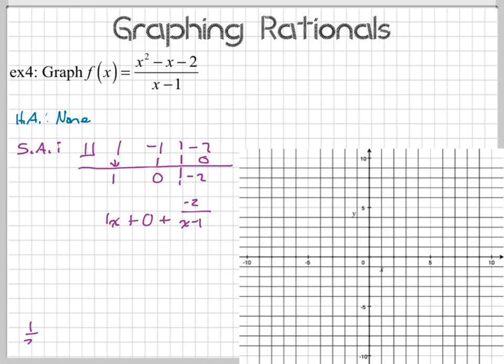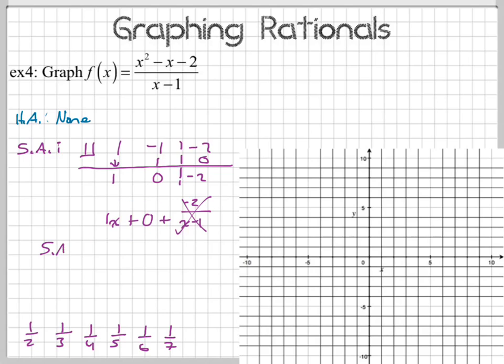Watch, like if I had 1 over 2, and then 1 over 3, and then 1 over 4, what's happening to these numbers? They're getting smaller and smaller and smaller. Because 1/7 is definitely smaller than 1/2. It's just going to converge to 0. So we don't care about this remainder. We care about this. That is your slant asymptote.